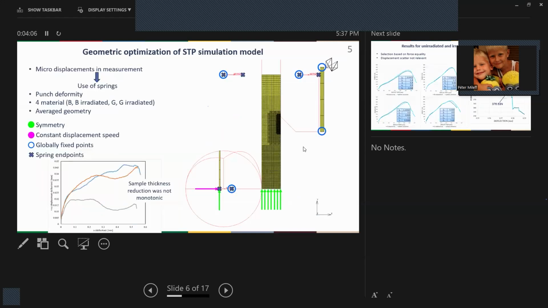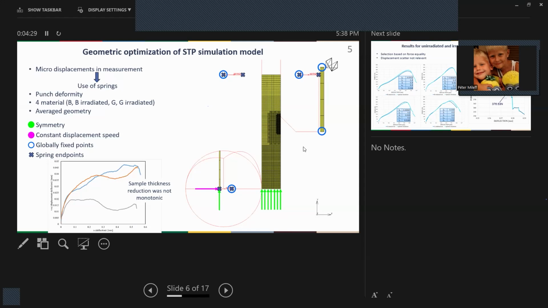But after the first preliminary runs with very simple small punch test geometry, we saw that there was some scatter in the measurements, and also the sample thickness reduction was not monotonic at all under constant loading. Therefore, we knew that there were some micro displacements in the measurements.